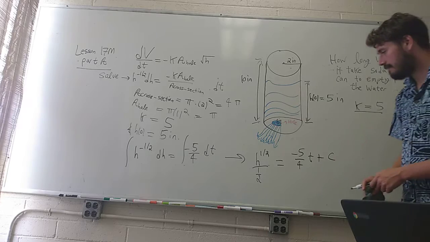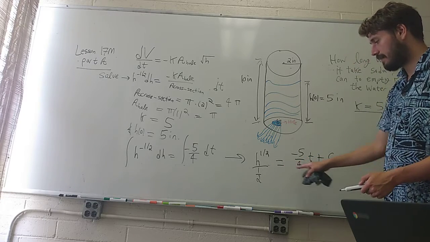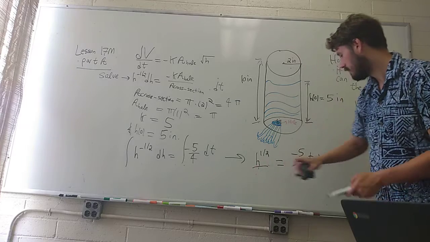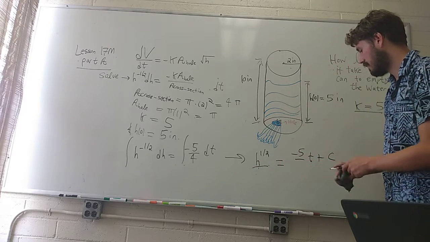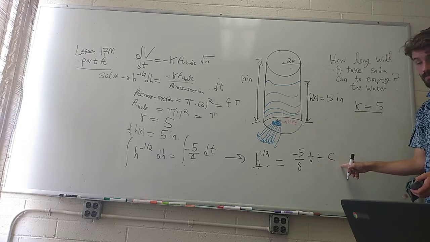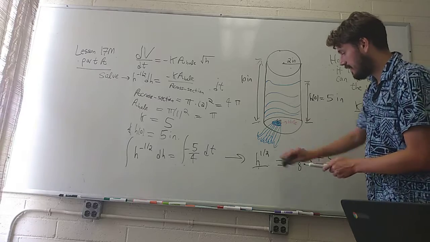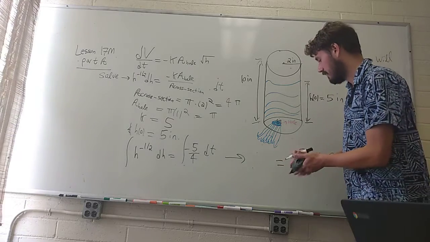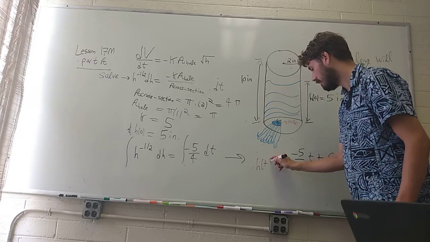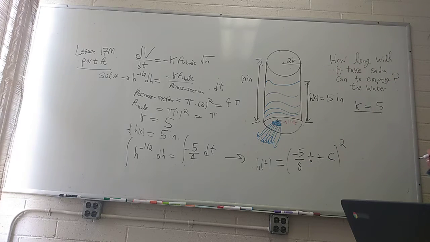Now we can multiply both sides by 1/2. This is just a constant, so we can keep it labeled as a constant. And we can square both sides to get the following. H of t is equal to negative 5/8 t plus c, in parentheses, squared.